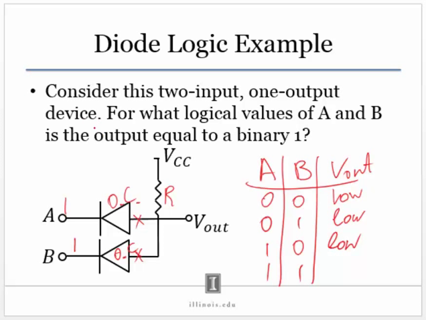So it's just going to be VCC, and of course VCC is the high voltage in our system, so this is going to be high. You probably realized already that we've been implementing an AND gate. So this one is an AND gate. Alright, cool.